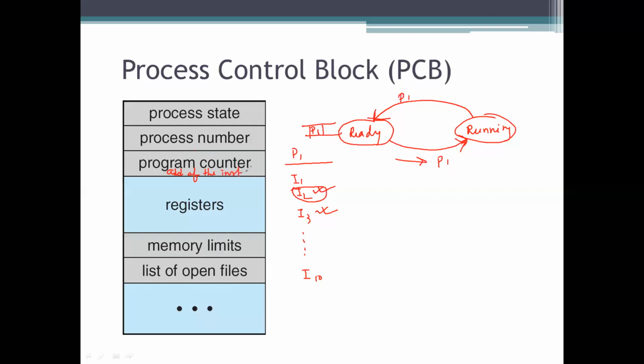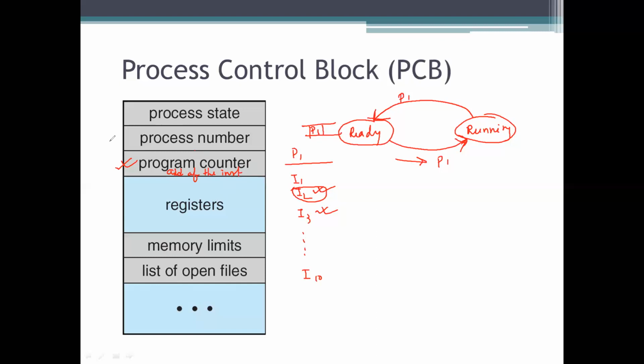When the process is reloaded in the running state, from the program counter the CPU can understand which instruction is to be executed. So execution will not start from the beginning. That is one important requirement of the PCB. PCB is a data structure which should store the address of the instruction to be executed by the CPU.